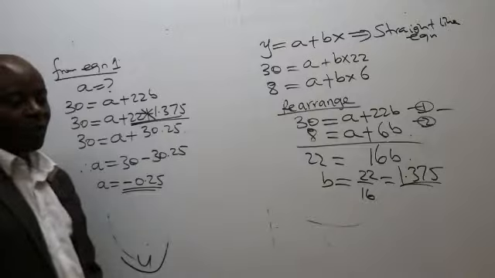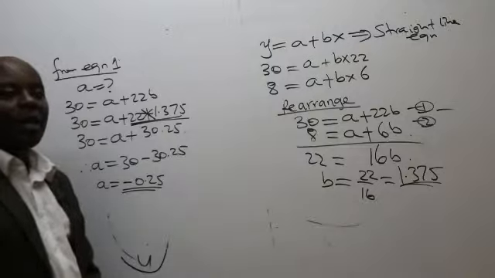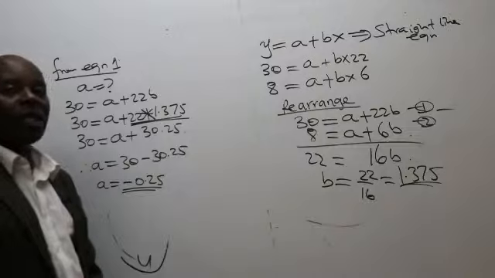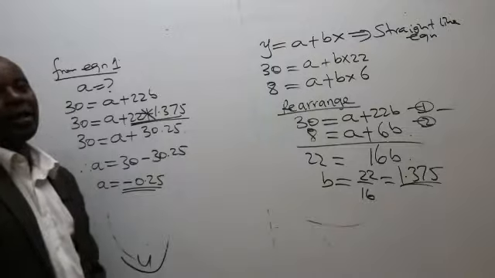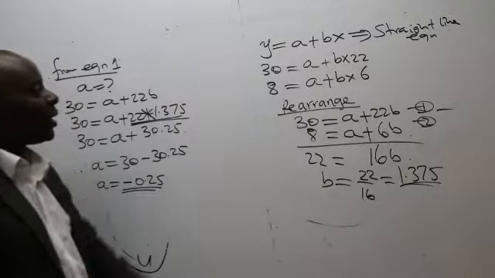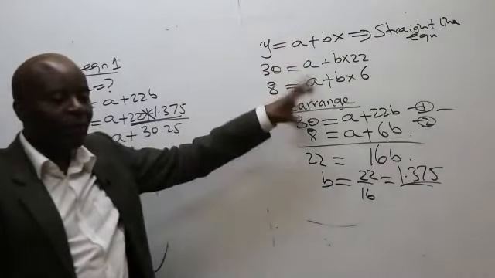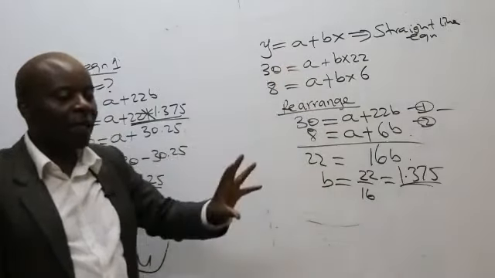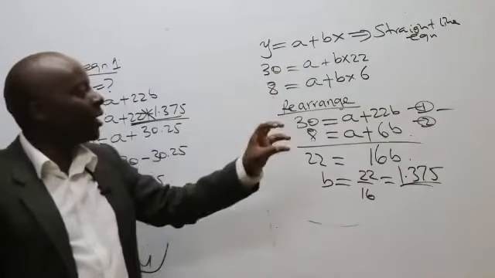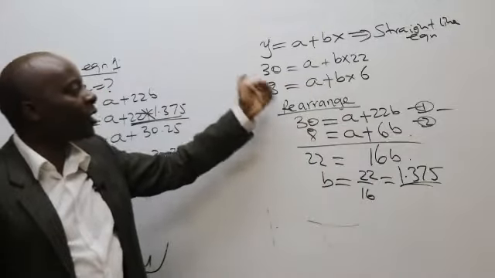So, ladies and gentlemen, having gotten the values of A and B, is that everything? It can never be the case. Why? Because remember that this examiner had asked us to come up with a function that connects y and x. So what we've done is to get the gradient and the y-intercept.